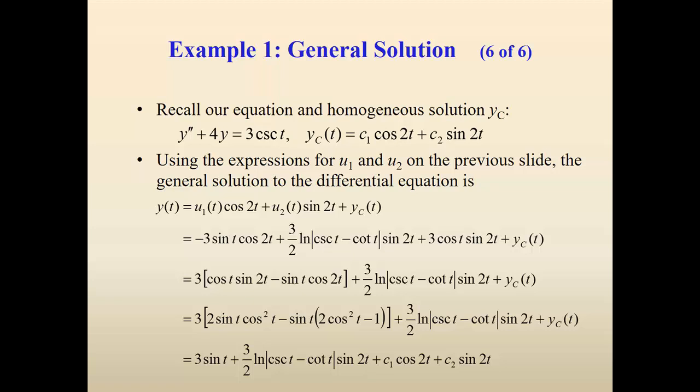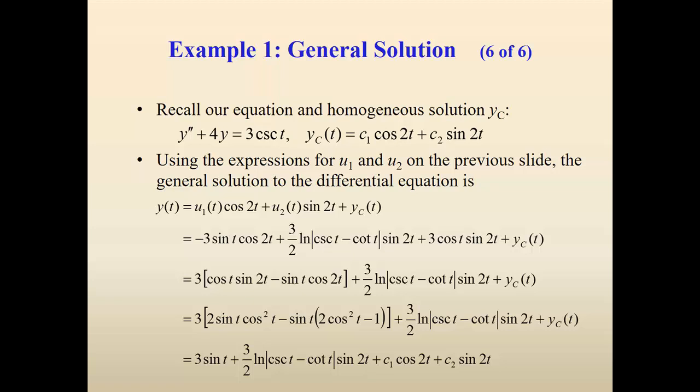Step 4, I set up a system of equations to solve for u1 and u2 prime. And then I integrated and plugged it back into the form of the solution to finish up the problem.